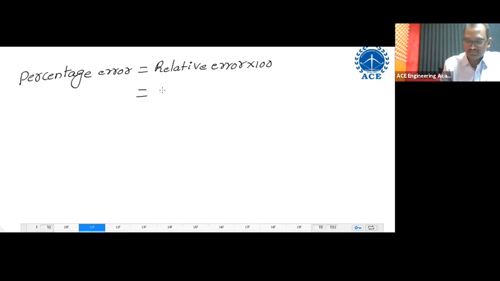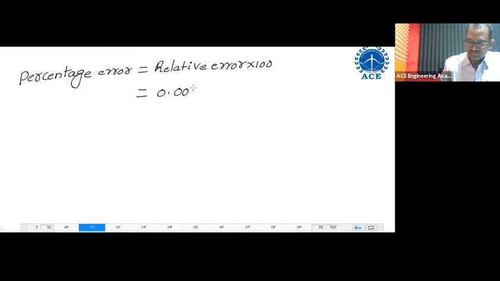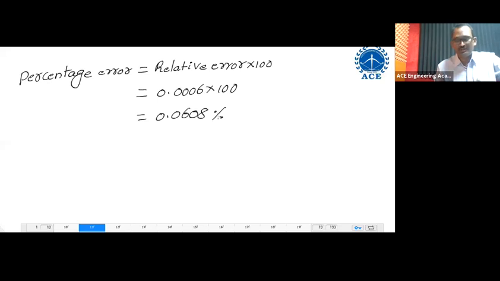Relative error is 0.0006. How much are you saying? 0.06, 0.0608, or simply you write 0.06%. 0.06% is the right answer, or you can write like this also. No issue.